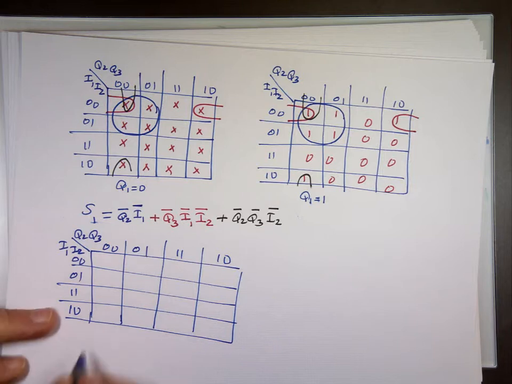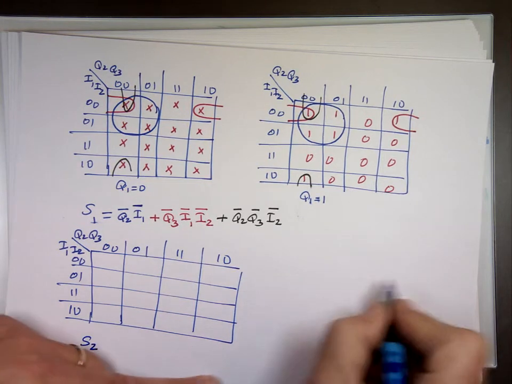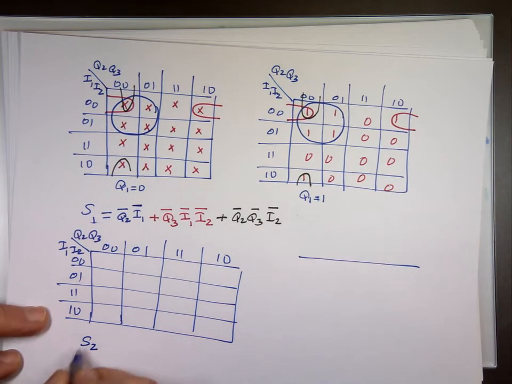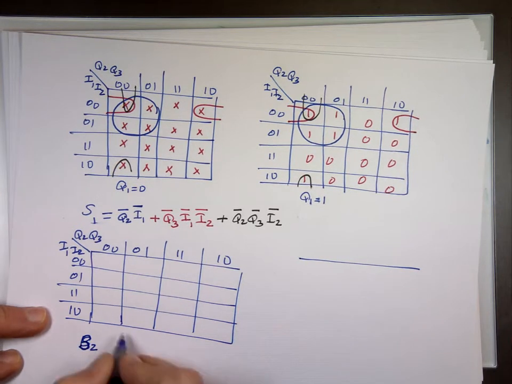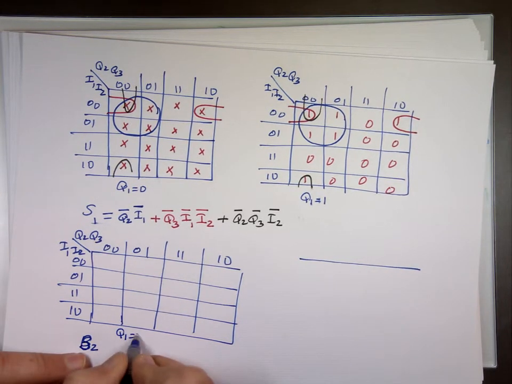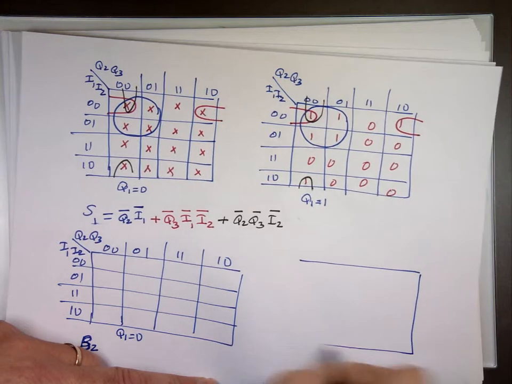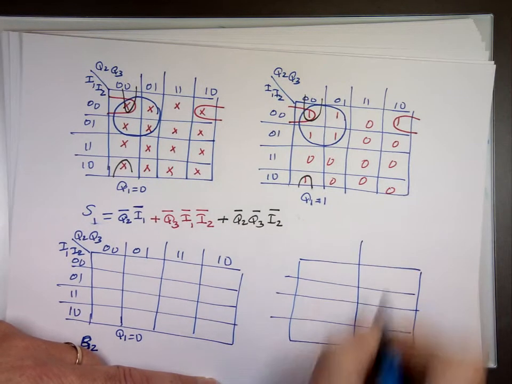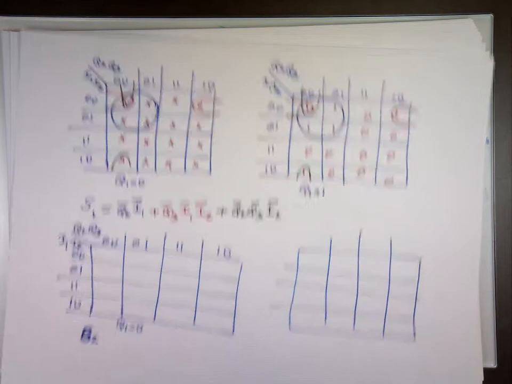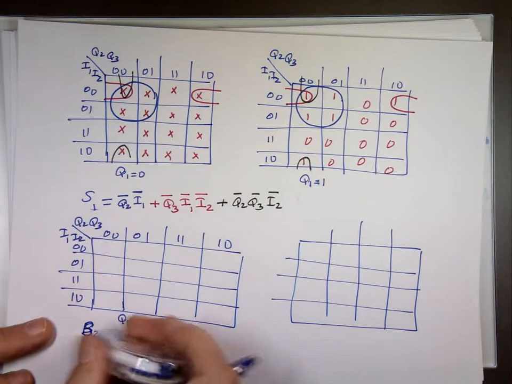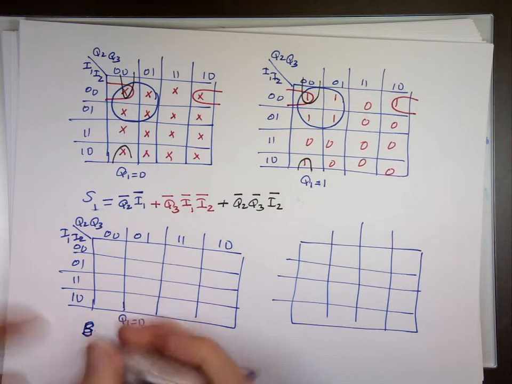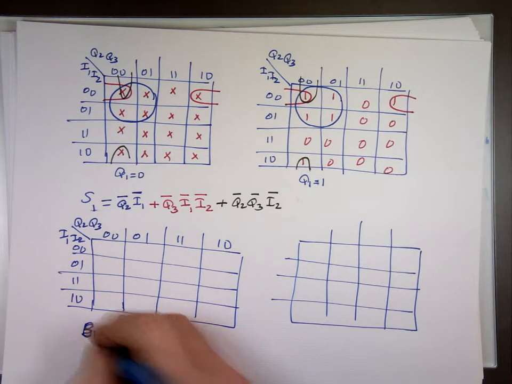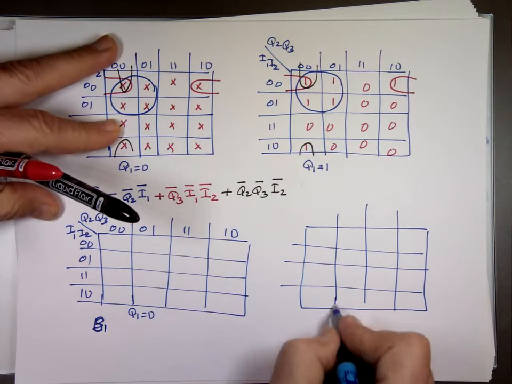And let's do S2 and B2. B2, I'm sorry, not S2. B2, this is when Q1 is 0. B1, I'm doing the first flip-flop. My mind has already jumped to the next one, what I'm going to do with it.